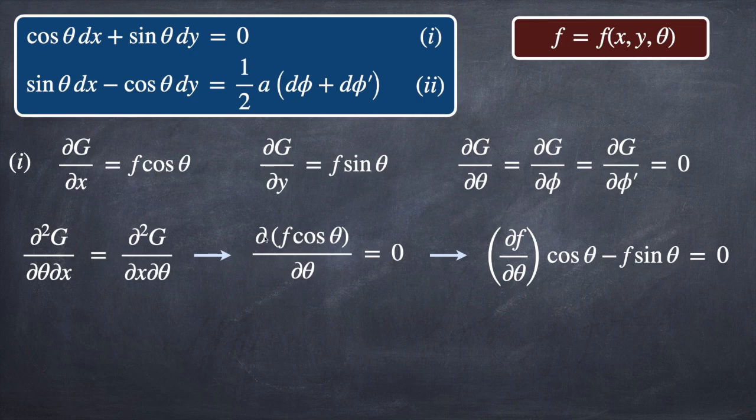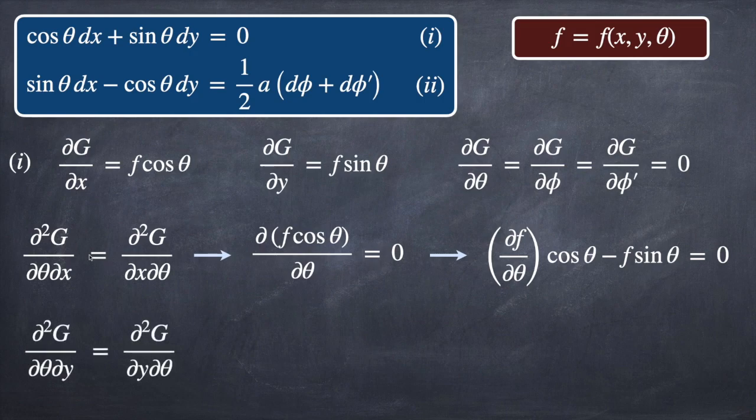Then we need to calculate the derivation of this product, which is going to be del f del theta multiplied by the cosine of theta plus f multiplied by the derivative of cosine of theta with respect to theta, which is the negative of sine of theta. And this is equal to 0.